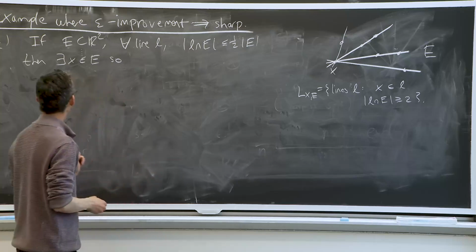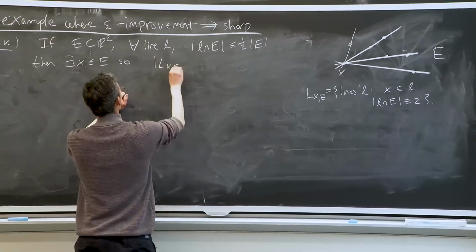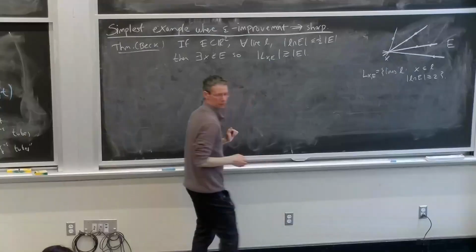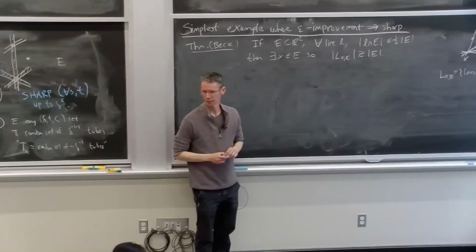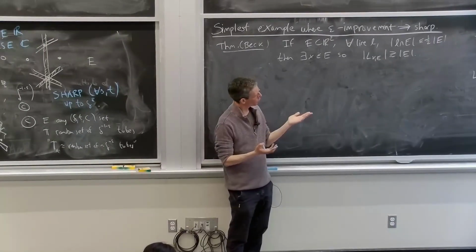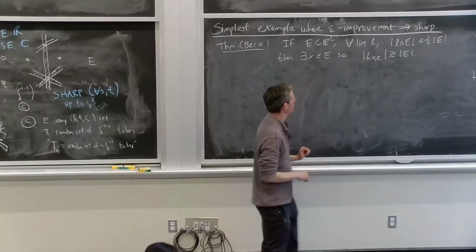Okay. So the conclusion is there is a point in E, so that the size of L_X(E) is comparable to the size of E. This is clearly a sharp theorem, because the largest possible size that this could be is the size of E. All right.